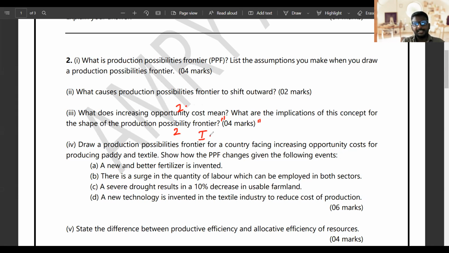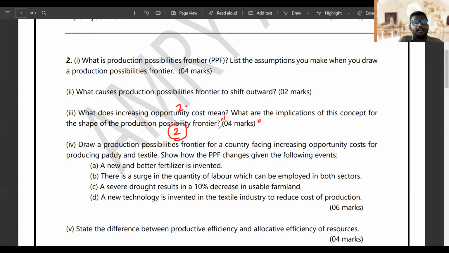When you write only that increasing opportunity cost means the PPC curve will be concave to the origin, you might not feel that is sufficient to get you 2 marks. That's why I told you, draw the graph also. Draw the increasing opportunity cost PPC as well. Then you'll be satisfied. You won't have any doubts whether you'll lose a mark or not.